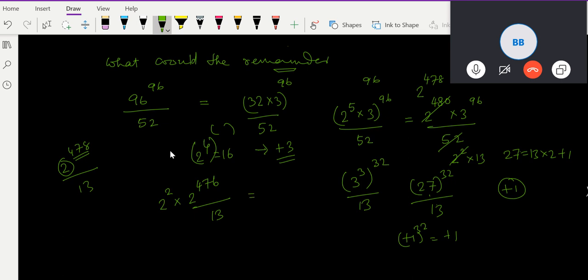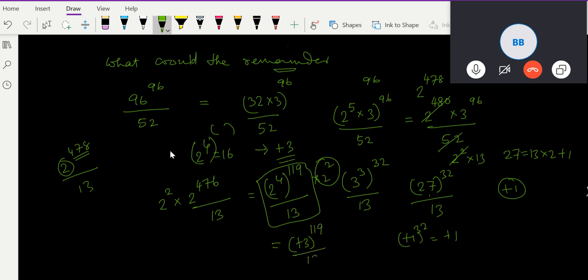That means 2 to the power 476 means 2 to the power 4 whole to the power 119 by 13, and then we have a 2 square here which we'll keep separately. So this part we have to find out. So 2 to the power 4 means 16 divided by 13 gives plus 3 to the power 119 divided by 13, and 2 square is there, right?